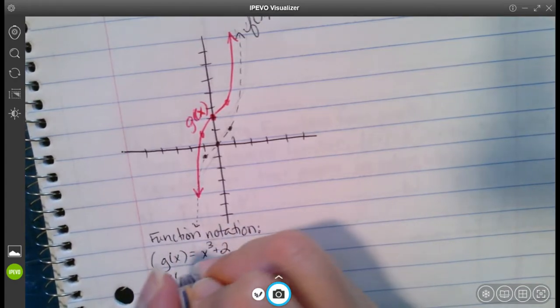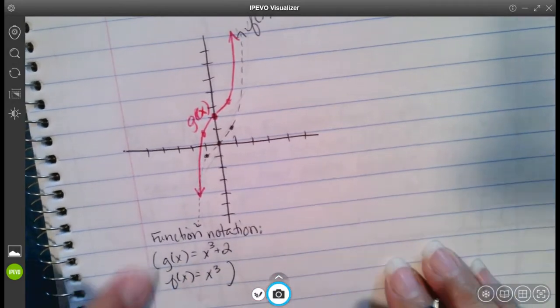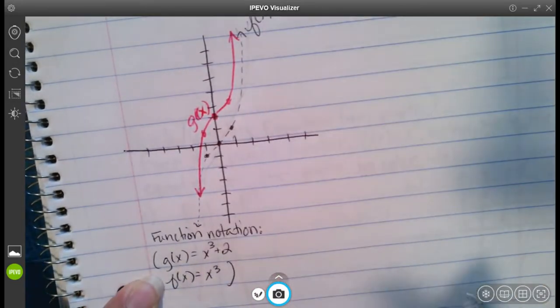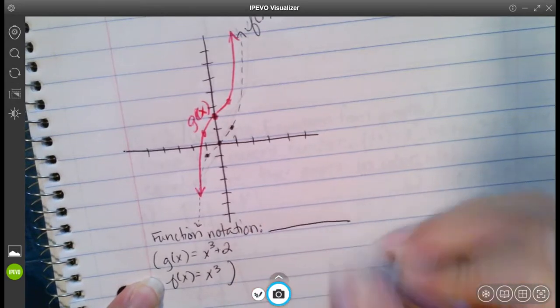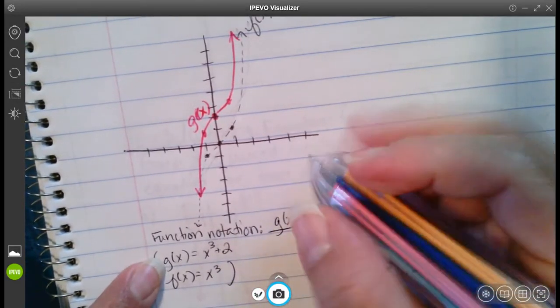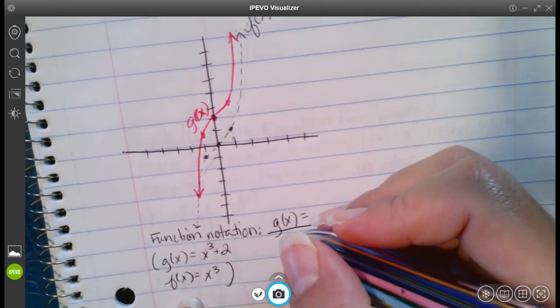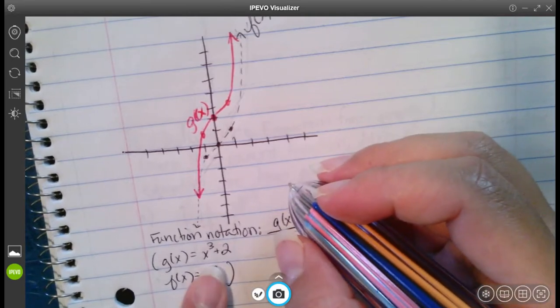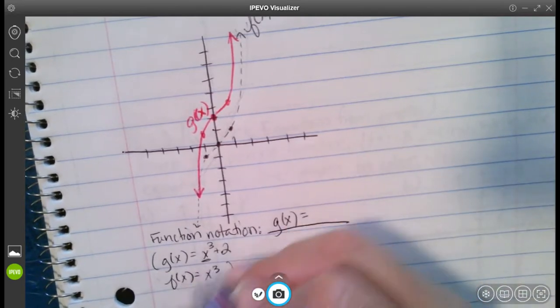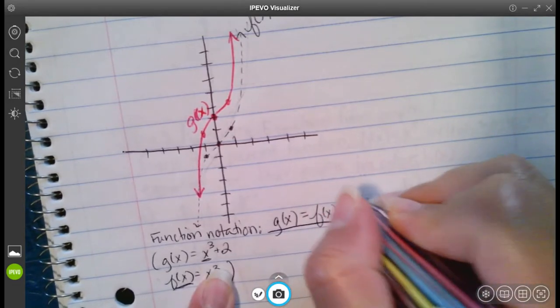And we also know that f of x is equal to x cubed. I'm just rewriting it. So function notation would be g of x, the new guy, is equal to all of this, but we want to write it in terms of f of x. So all that we do is we replace x cubed, this part, with f of x, and then add the 2 at the end.